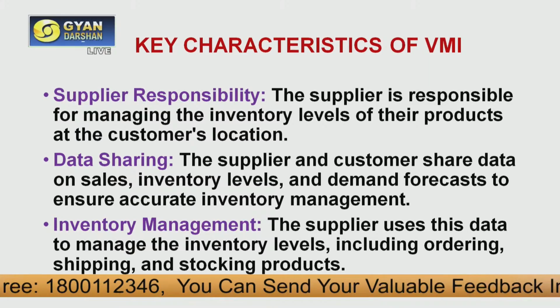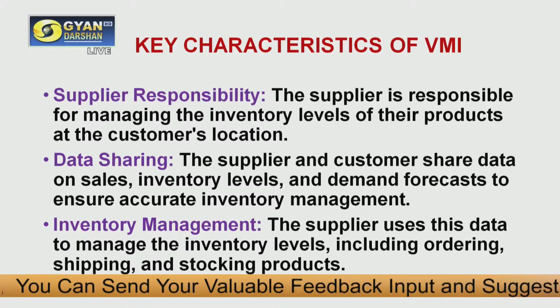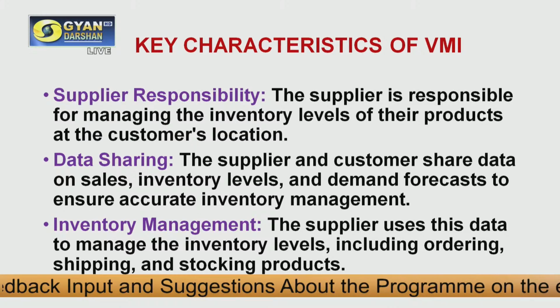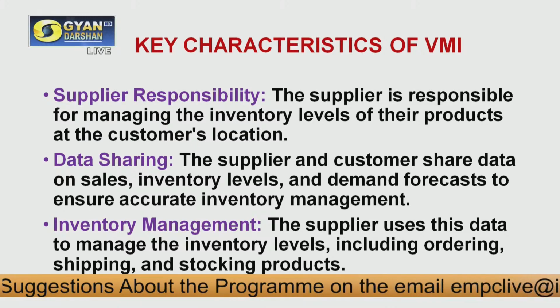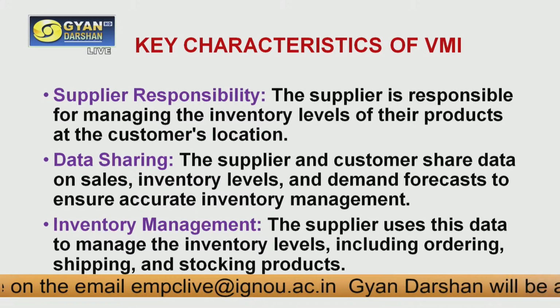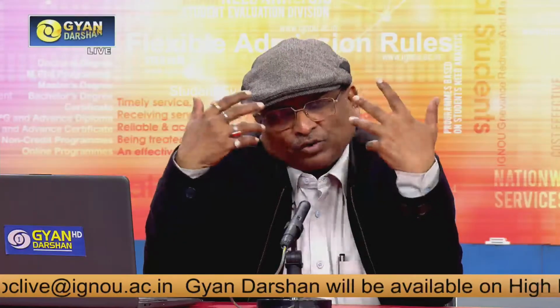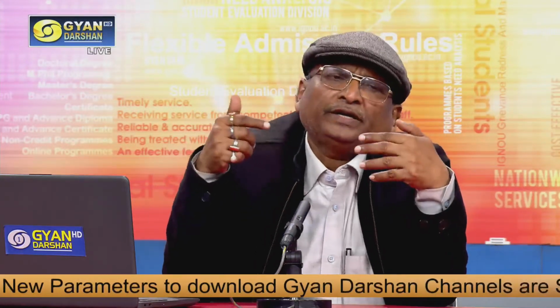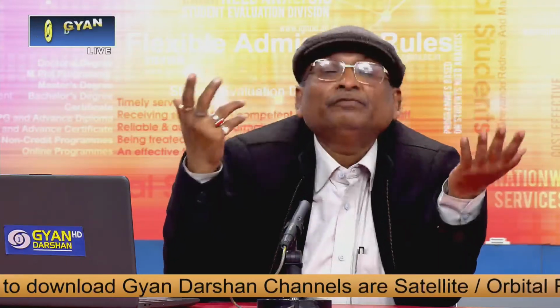The second characteristic of VMI is data sharing. Both vendor as well as retailer have to share their data. The retailer has to share the sales data, inventory level, and demand forecast. I was talking about the earlier scene, but nowadays, whenever one has to make the bill, he has to use the barcode, and the invoice, which is a soft copy on the computer, is linked with the vendor also.